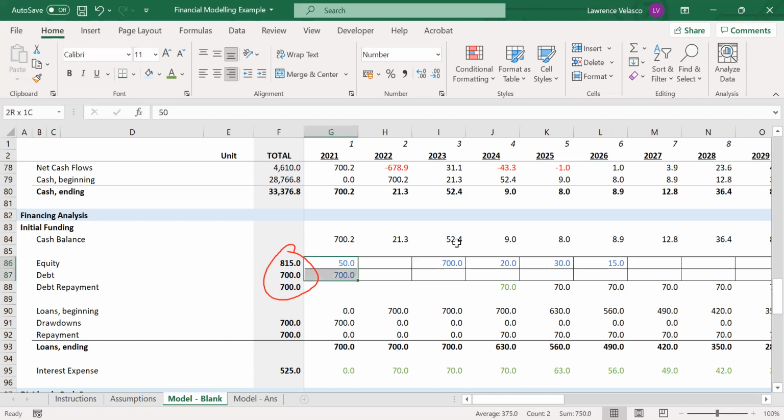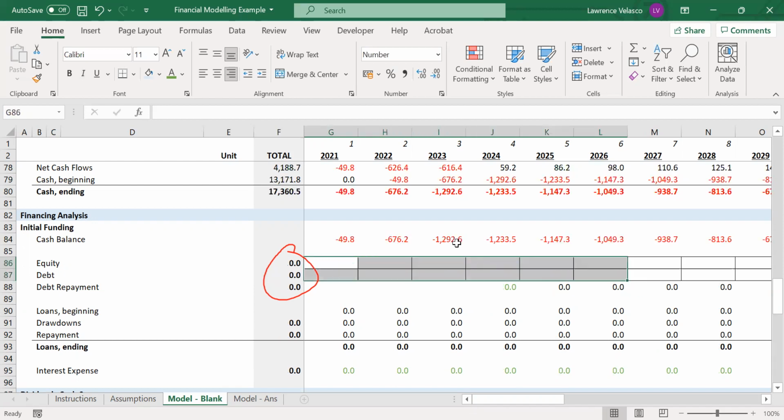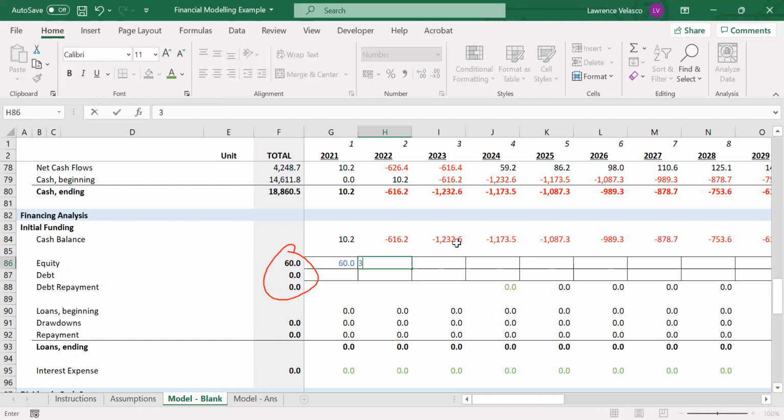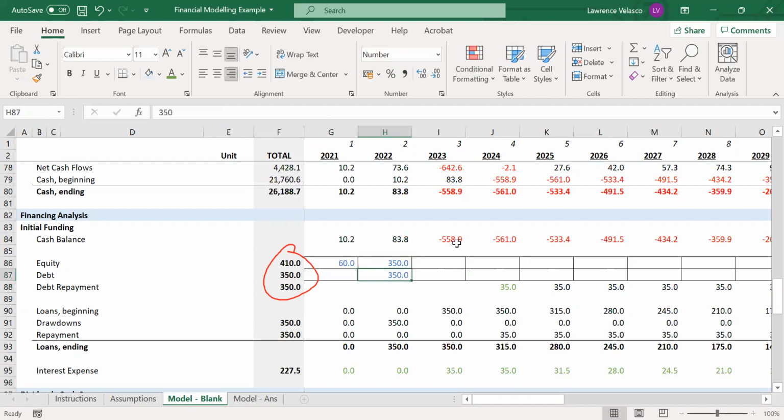So why don't we do this? Why don't we, say for example, fund this first with equity, 60. Okay? And then saka ako mag-debt. So siguro match natin. Say 350, 350. Okay? Because of that, may 350 pa ako dito. Right?